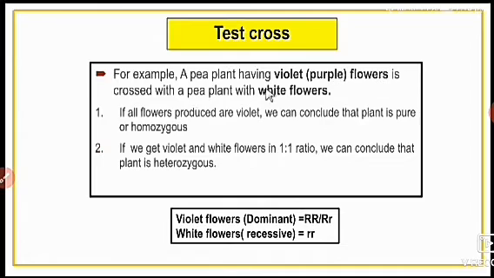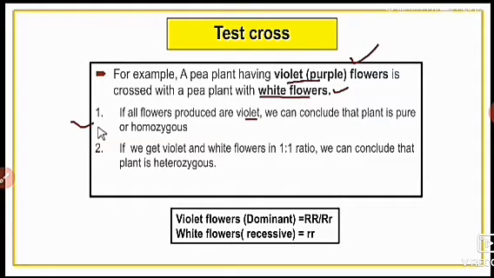So, we will see here an example for the test cross. A pea plant with violet flower is crossed with white flowers. White flower is the recessive character and violet purple flower is the dominant character.